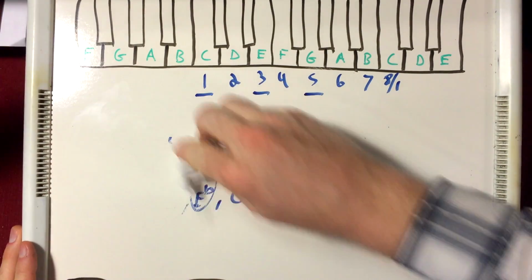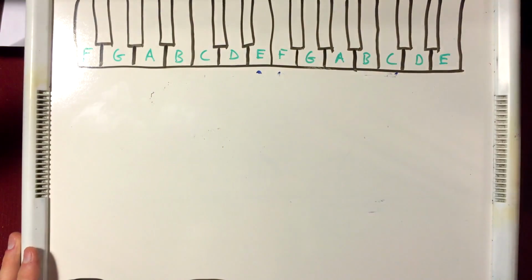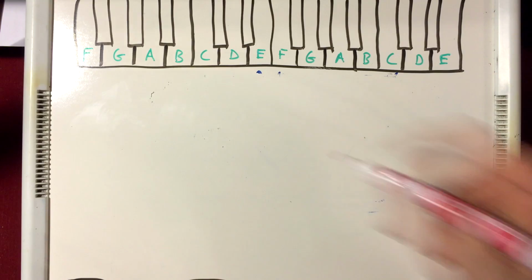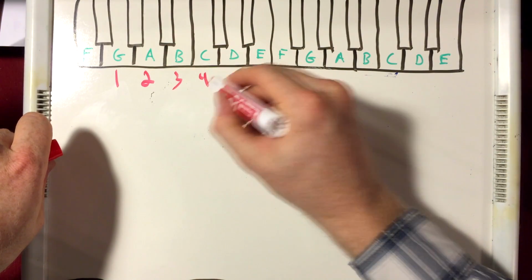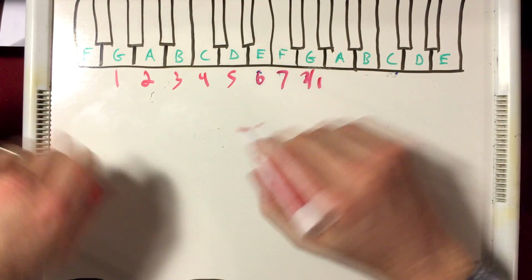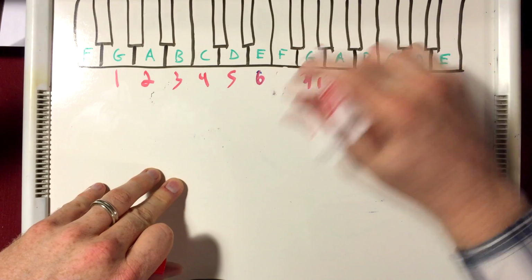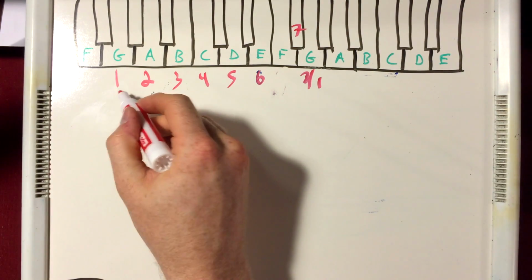Let's use the key of G. I'm going to use a different color here. If we have the key of G, here's our numbers: 1, 2, 3, 4, 5, 6, 7, 8 or 1, and actually it's an F sharp, so our 7 is here. Our 1, 3, 5 is again what we're looking at.